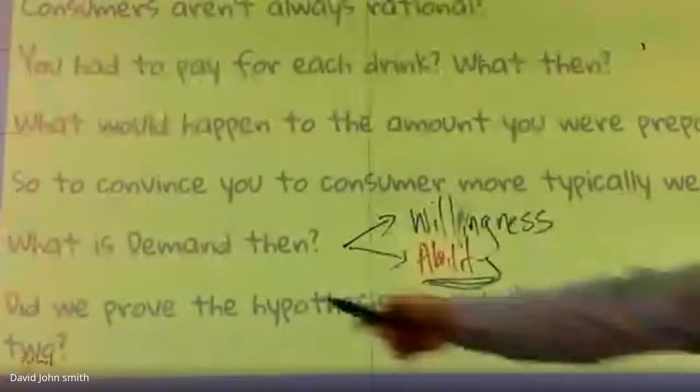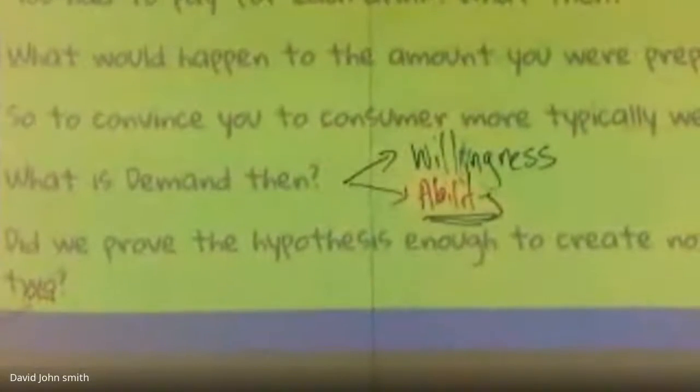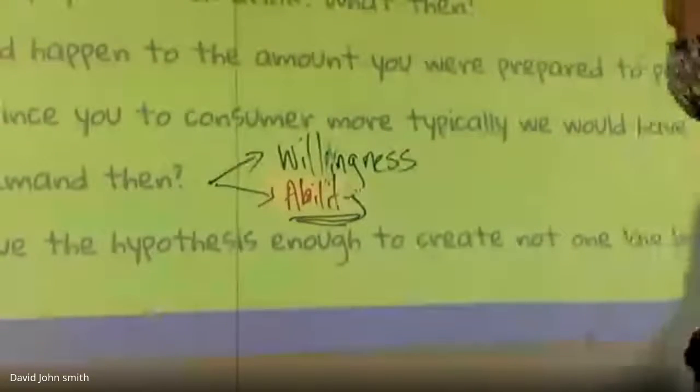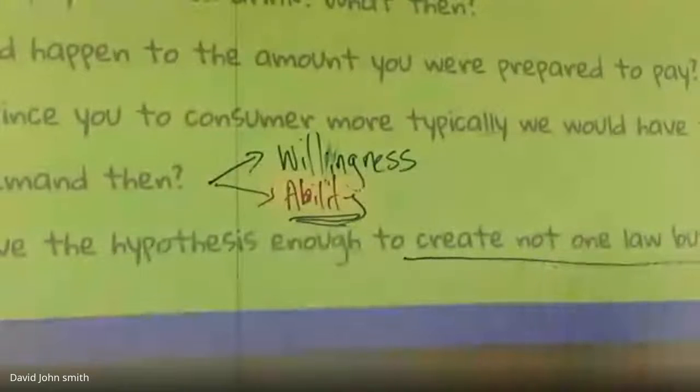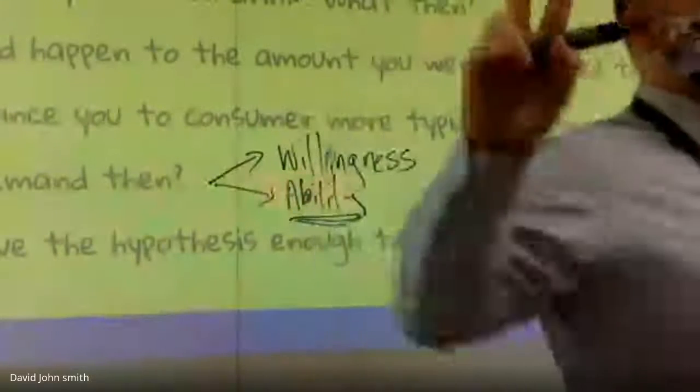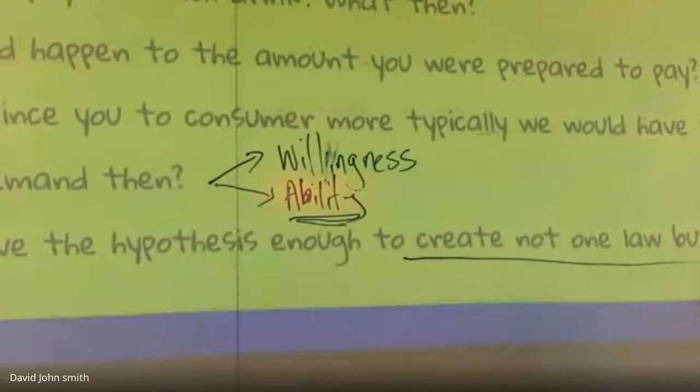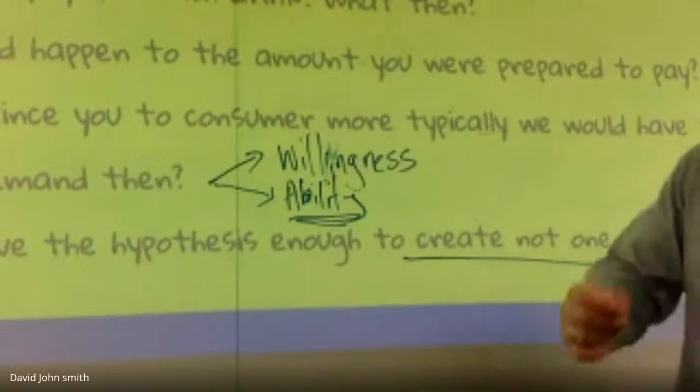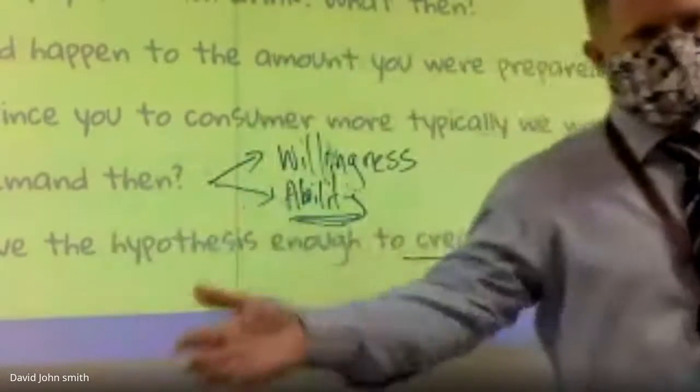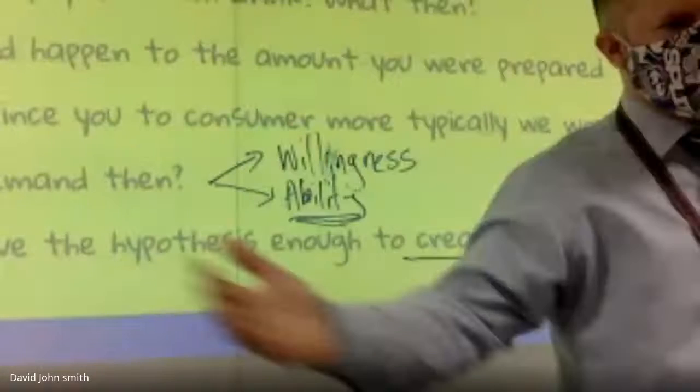So do you think we proved the hypothesis enough that we could create not one law, but two? Can we use what we learned to create laws? If we prove a hypothesis, there's a chance it could then become a law.